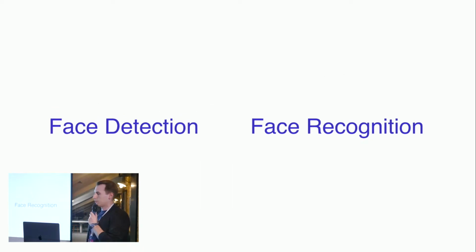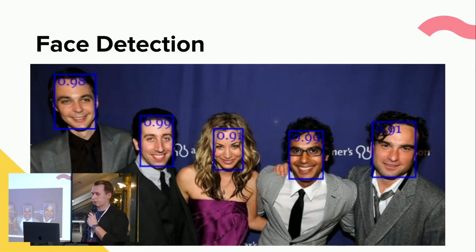And 2 of them are face detection and face recognition. At first sight, they may seem very similar, but they are very different. Face detection is the first step in the face recognition process. We simply take our picture and try to find a face in this picture, and that's our job, right?